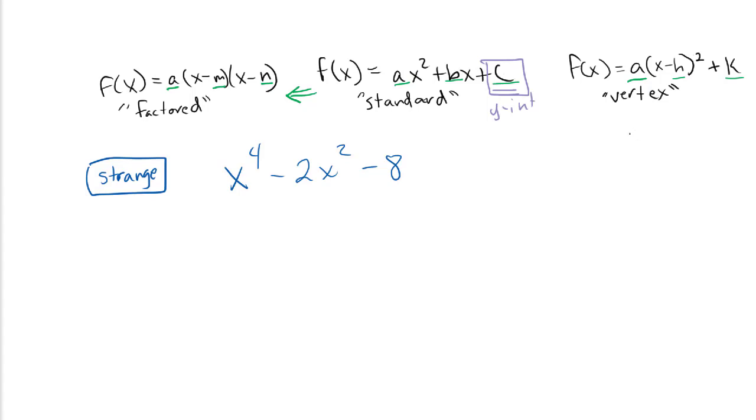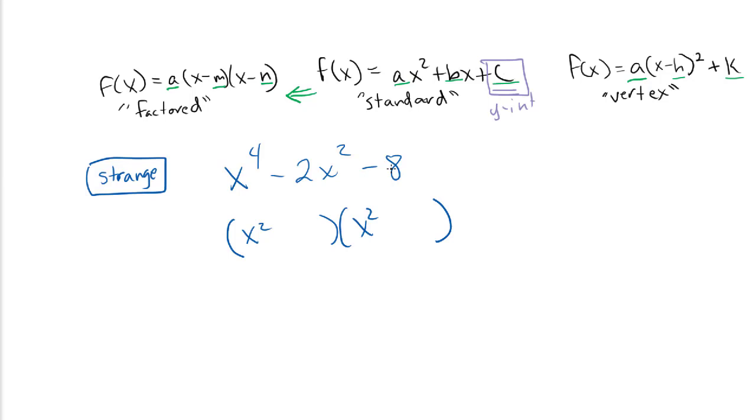That means I can do some clever substitution here. I could essentially treat x squared as my variable x. So this would become x squared, and now I can go about factoring. What factors of minus 8 would then be a simple case, factor into or sum to minus 2?